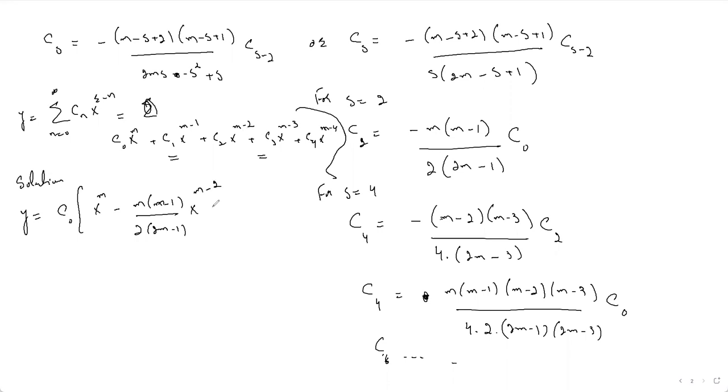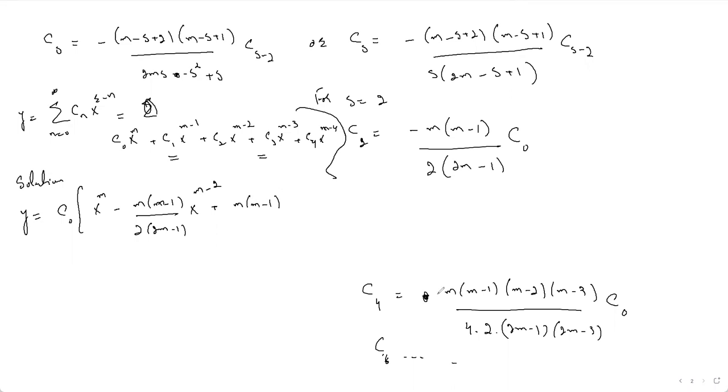The other term will be plus m into m minus 1... C3 is again 0, so the fourth term will be m into m minus 1 into m minus 2 into m minus 3 divided by 4 into 2 into 2m minus 1 into 2m minus 3.